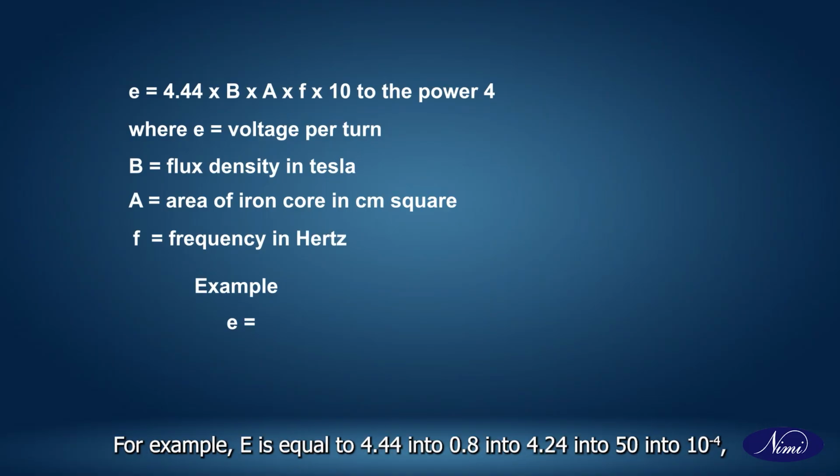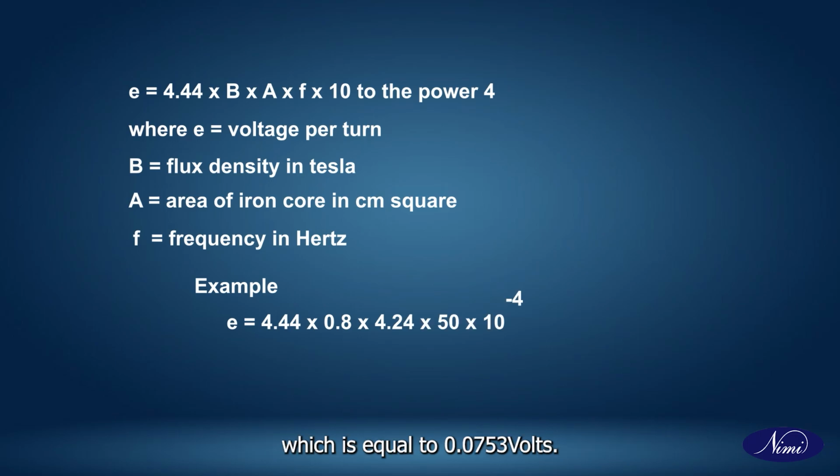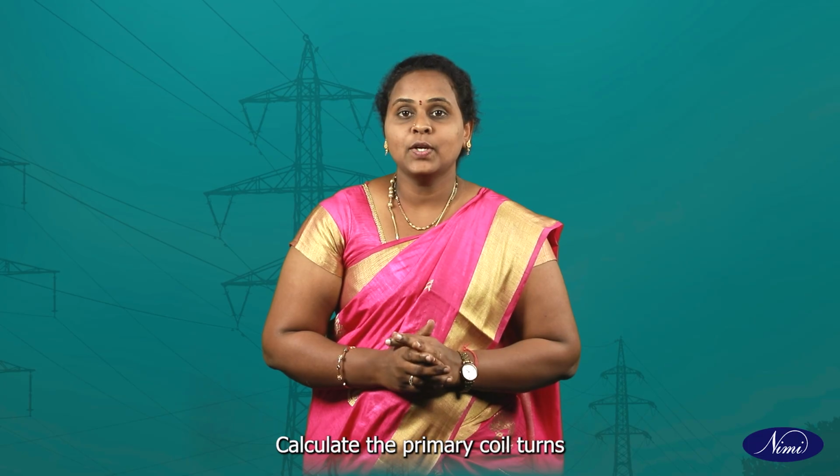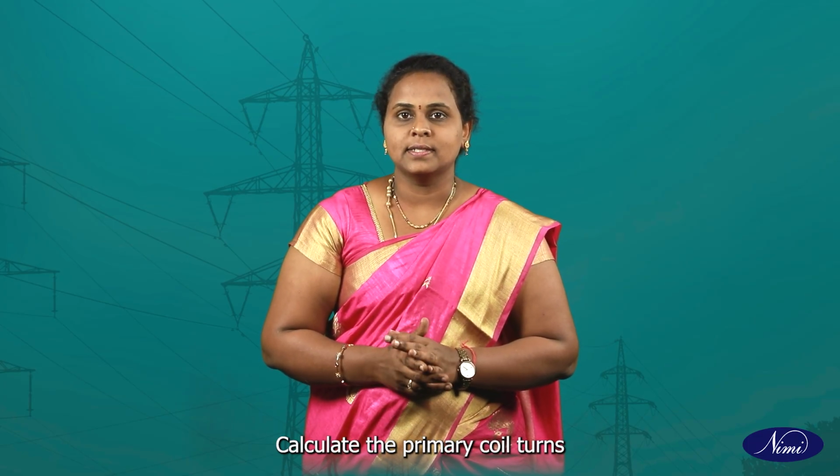For example, E is equal to 4.44 into 0.8 into 4.24 into 50 into 10 to the power of minus 4, which is equal to 0.0753 volts.